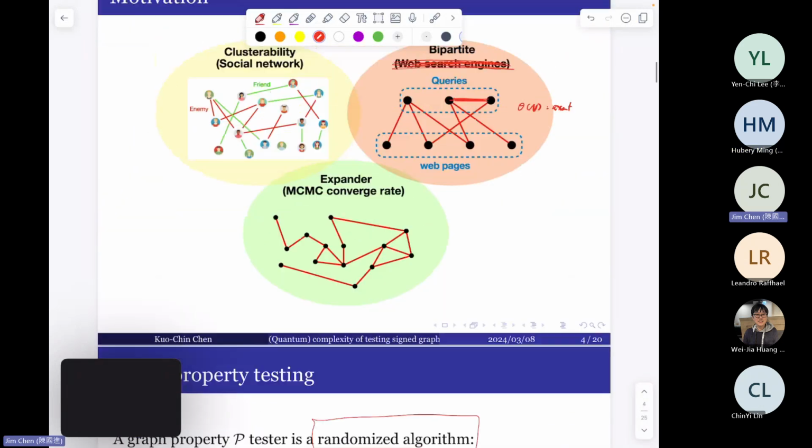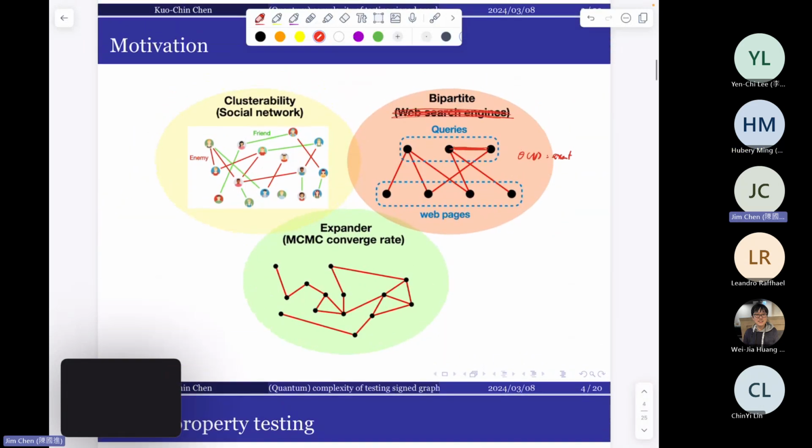Yeah. The P can be any graph property. It can be bipartite, or clusterability, which we will introduce later, or expander. There are a lot of graph properties, and here I just list three quite famous graph properties in this slide.